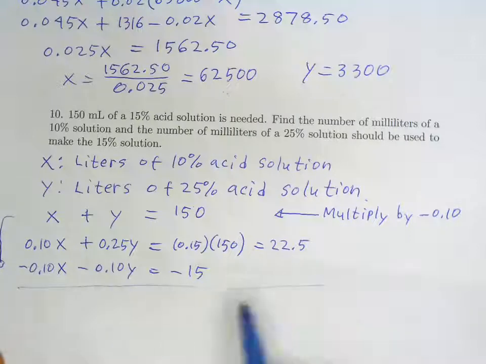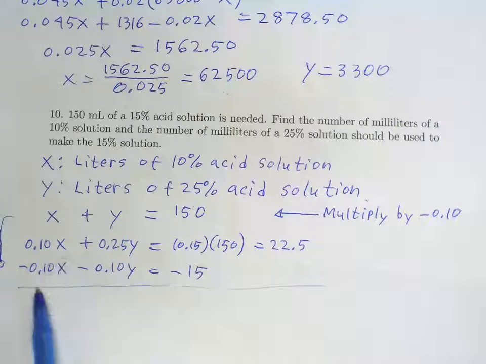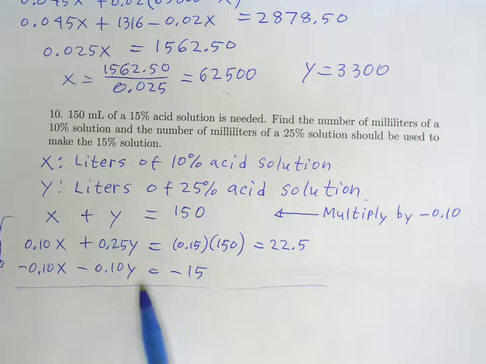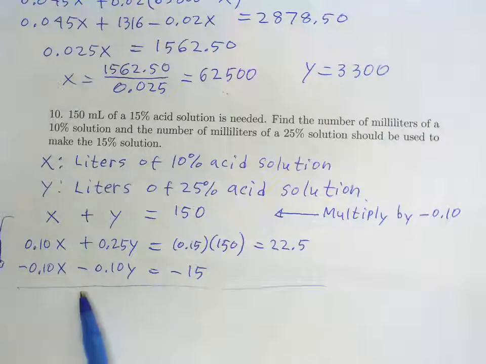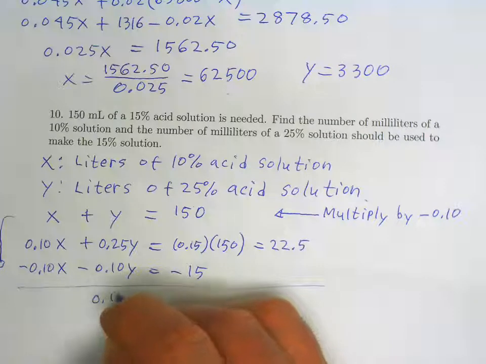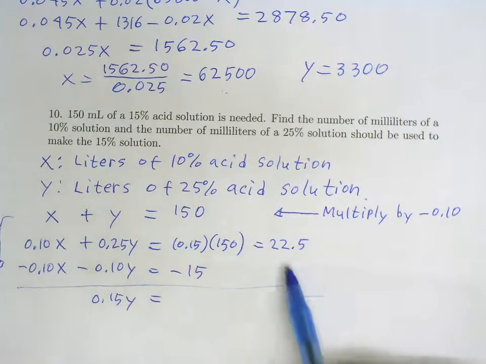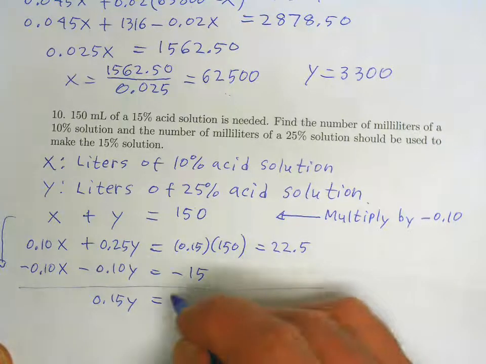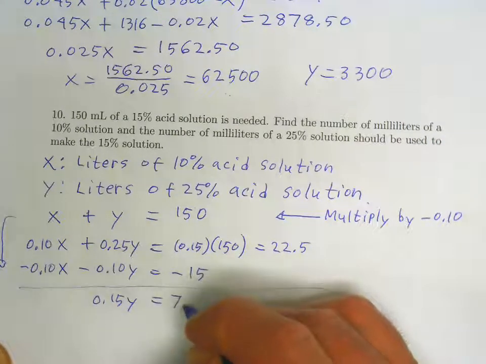Okay, so we'll add these two equations together. 0.10x plus negative 0.10x adds up to 0. And then in the next column, 0.25y plus negative 0.10y is positive 0.15y. And then 22.5 plus negative 15 is positive 7.5.